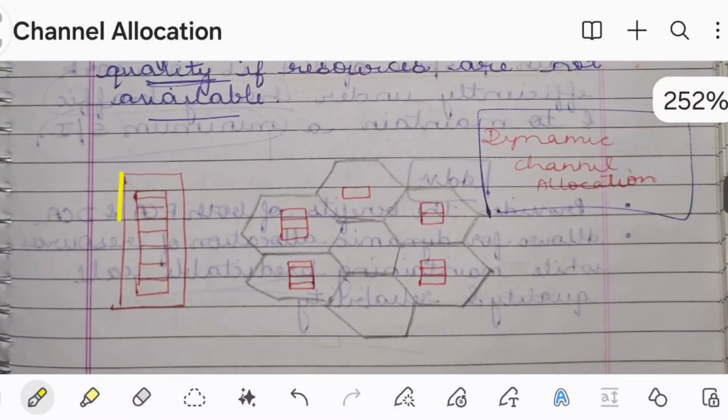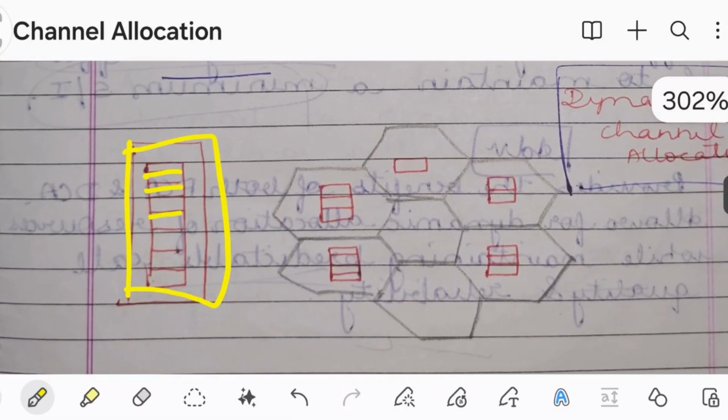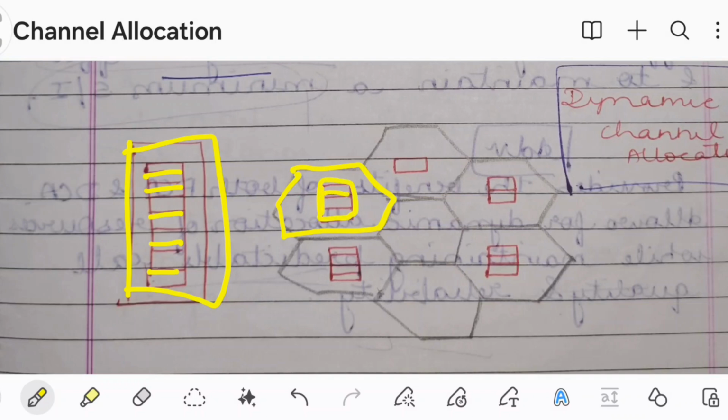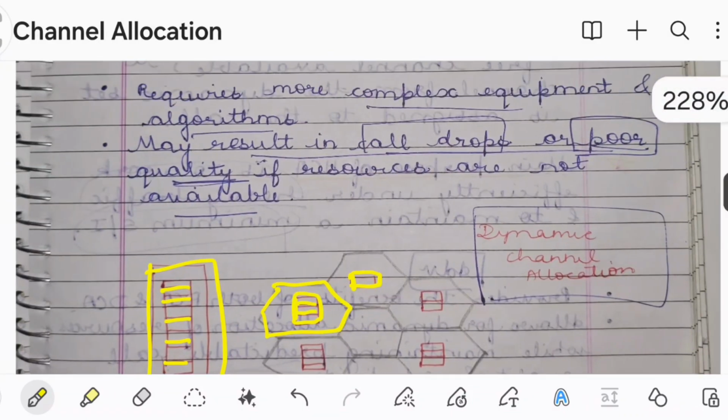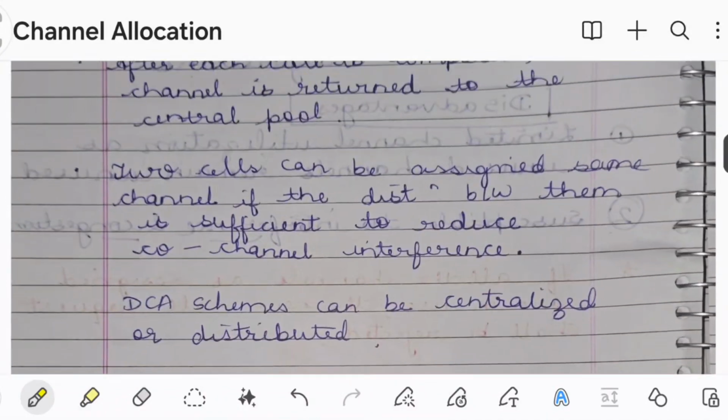So there is a central pool of channels, several channels over here. Now each of these cells can be allocated channels depending upon the demand. Suppose we are allocating 3 channels here, and this one requires only 1. Different cells will be allocated different channels depending upon the demand.